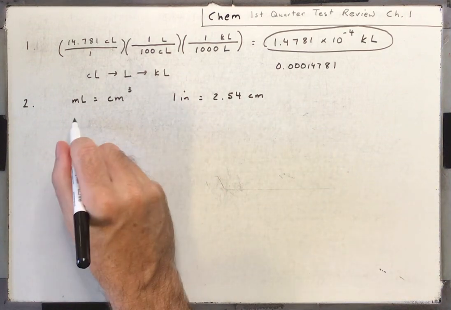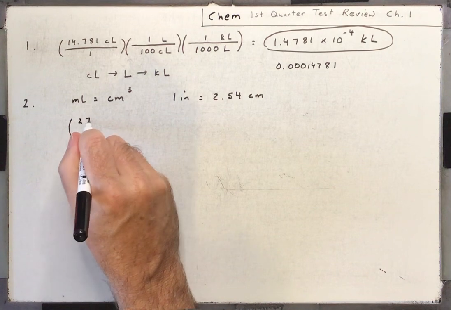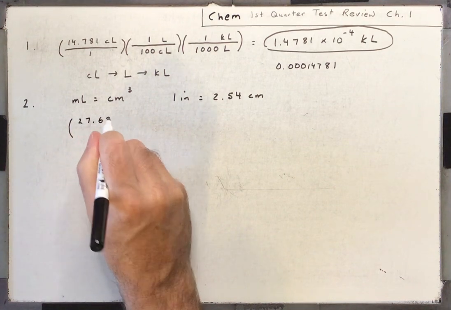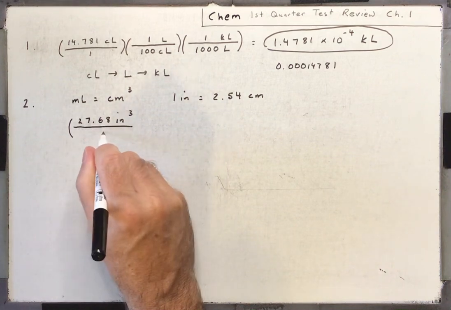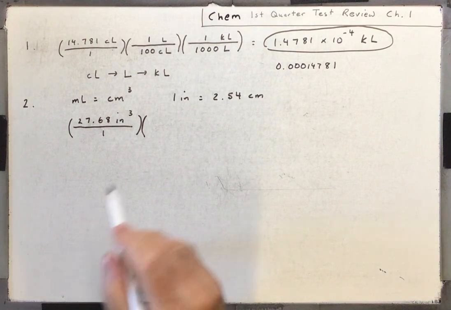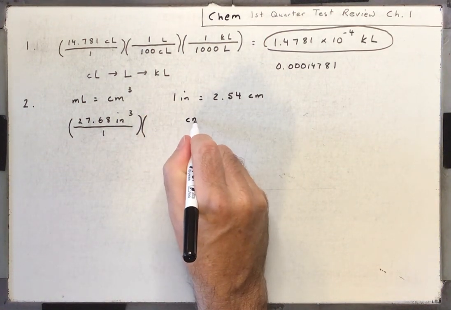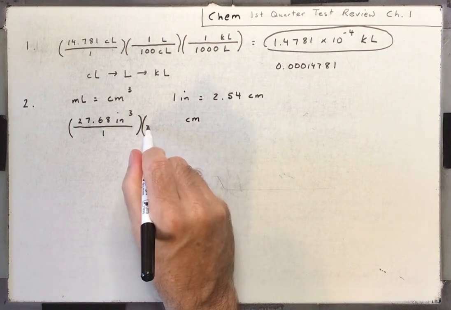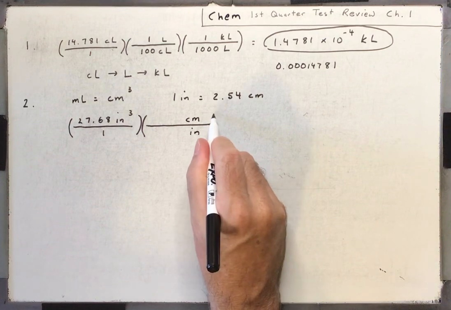Okay, so let's start. Always start with what you've been given. That's 27.68 cubic inches. I want to put that over 1. Now I want to convert that to cubic centimeters. So we're going to put centimeters on top. Now we don't cube it yet. We're going to do that at the end. Inches on the bottom.